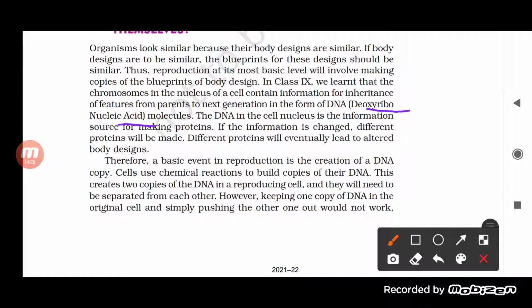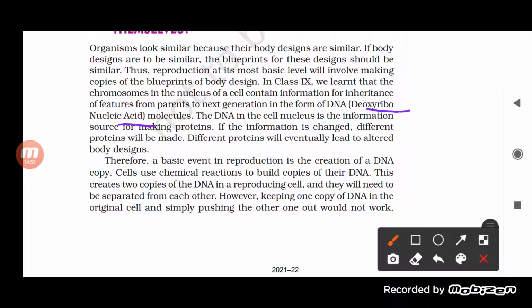Obviously, if we are transferring the information, copying of DNA must be there, and the cell uses chemical reactions to build up copies of its DNA. They perform the chemical reaction in order to make the copy, and this creates two copies of DNA in a reproducing cell.